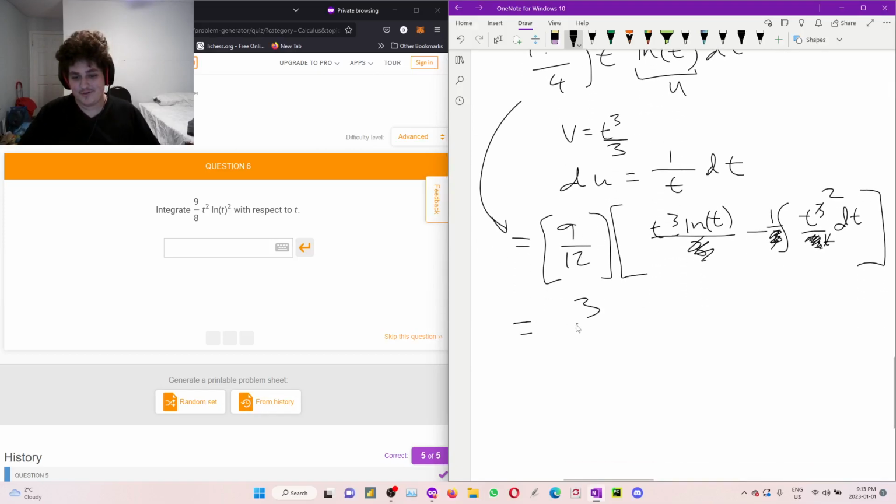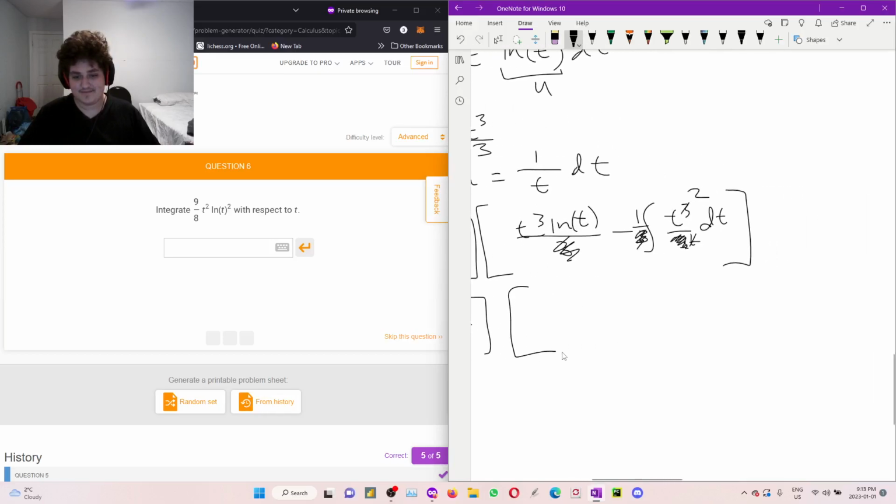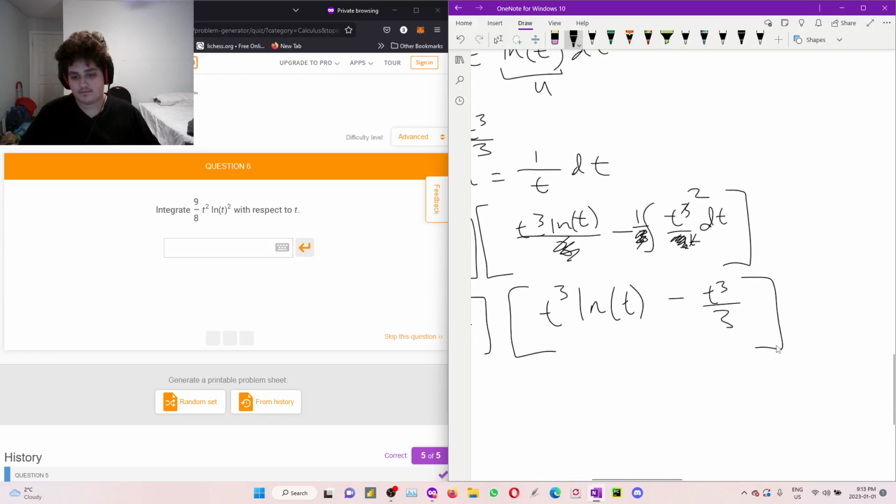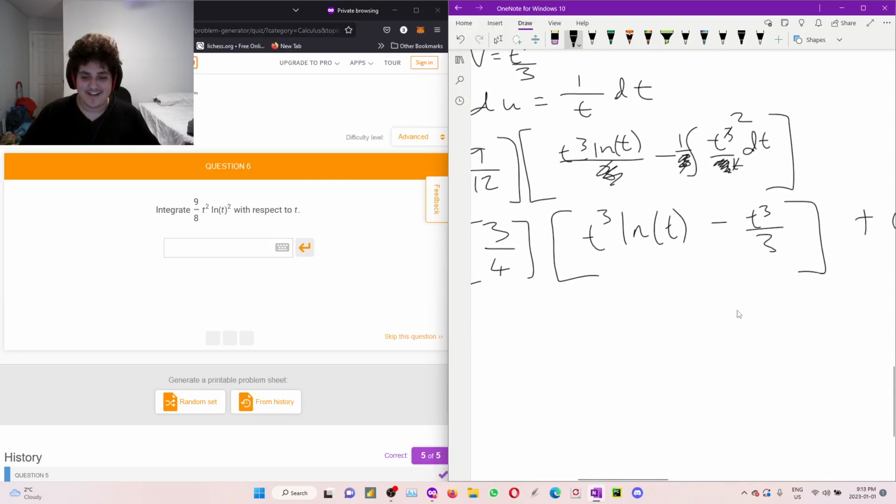This is just 3 over 4. Yeah. t cubed ln t minus t cubed by 3. You just increase the exponent by 1 and divide by the new exponent. Yeah, and just plus c from this, right? Okay.